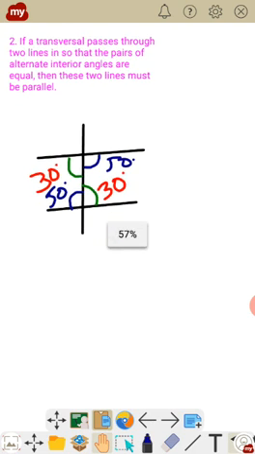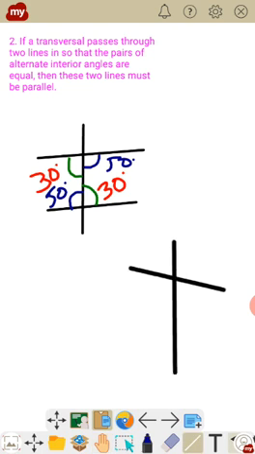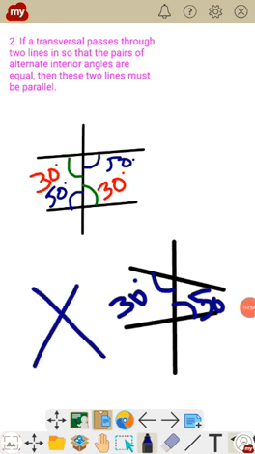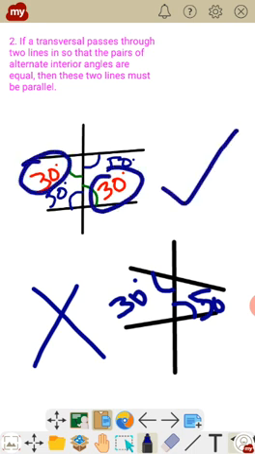If we take different measurements of the alternate interior angle pair, see how, if the first pair I have drawn here is 30 and the next is 50, directly you can see your result: both the angles have different measurements, means they are not parallel lines. And if the measurements of the alternate interior angles are the same, then they are said to be parallel lines.